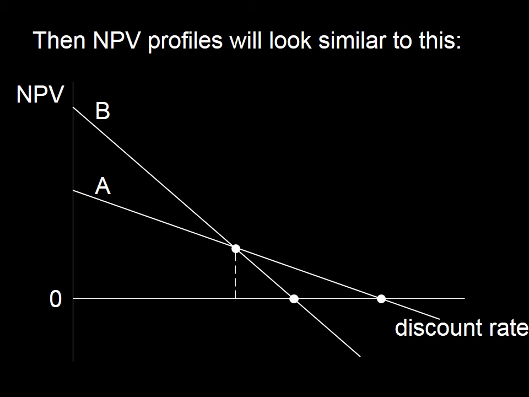So to construct this graph, what I did was I looked at the cash flows in the previous slide for Project A, and I said, okay, if the discount rate were 0, if we don't discount the cash flows at all and just sum up the cash flows minus the net investment, here's what my net present value would be.